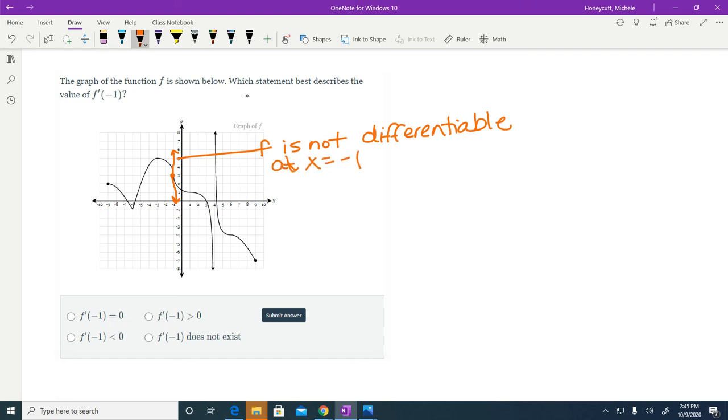And if a function is not differentiable at x equals negative 1, then what that tells us is that the derivative does not exist at x equals negative 1. So I would pick this option.